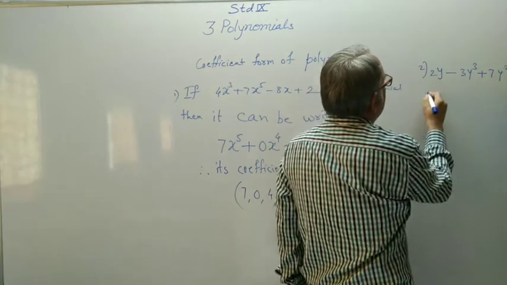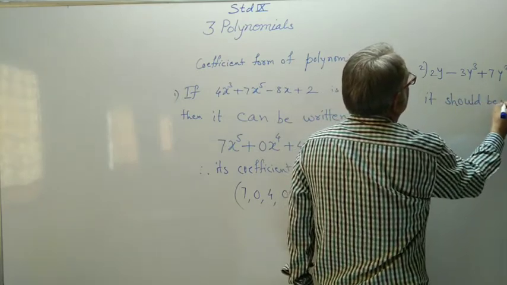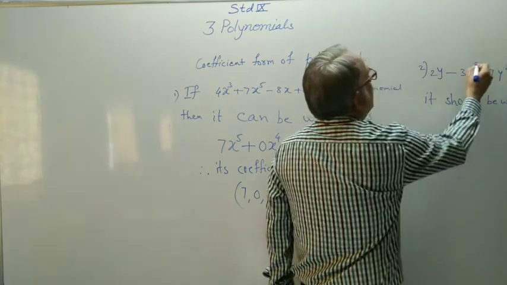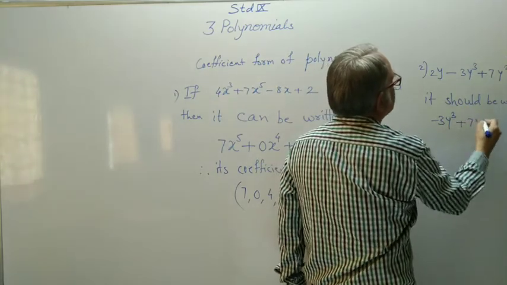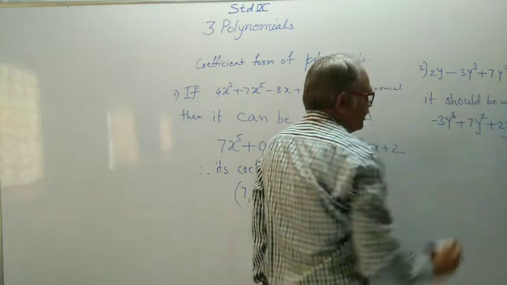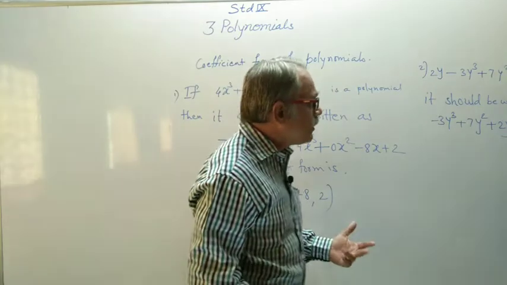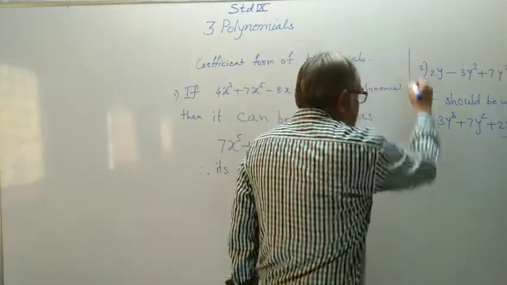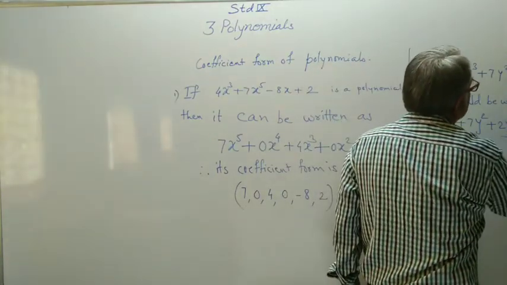Then it should be written as minus 3y cube plus 7y square plus 2y, same sign. But if you write this much, it is wrong, because to write coefficient form, the last term must be a constant term. So here we have to write plus 0, as the constant term is not there.